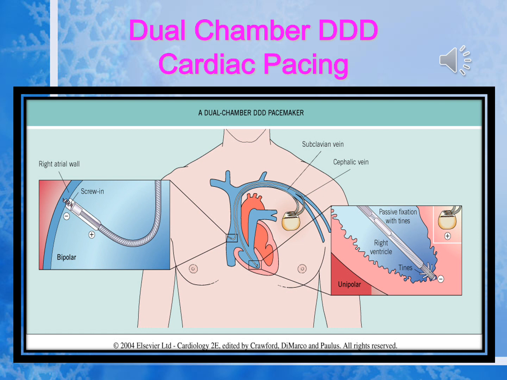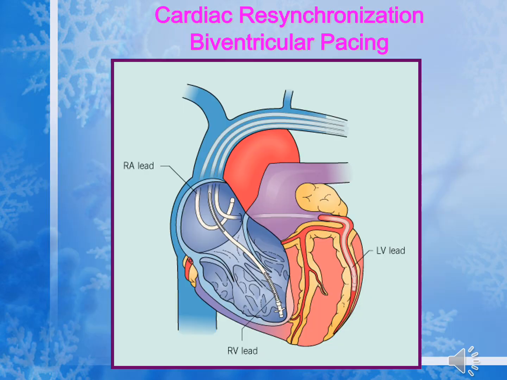This slide shows a dual chamber DDD cardiac pacemaker and the typical lead placement. A lead in the right atrium and a lead in the right ventricle. Another new development in pacemaker therapy is resynchronization of the two ventricles, and requires both a left ventricular and right ventricular lead, as well as a third atrial lead.